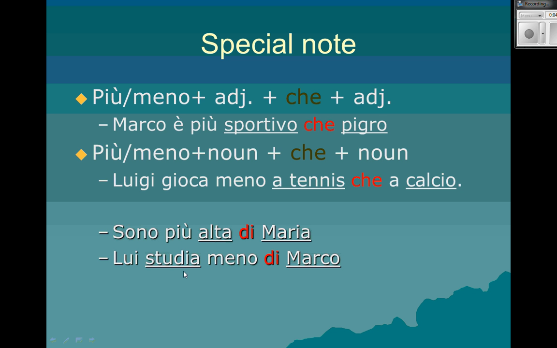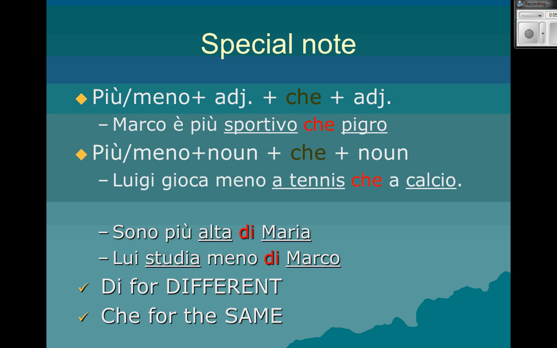Lui studia meno di Marco. Again, two different grammatical categories. We have a verb and a noun. So, when you are comparing two different categories, we're going to use di for different and che for the same.